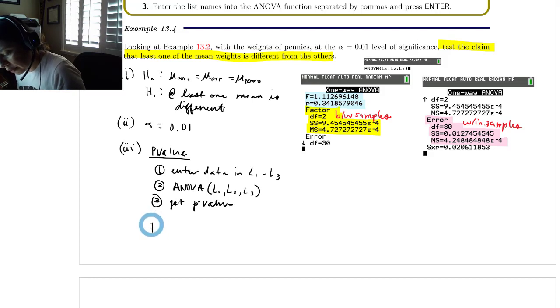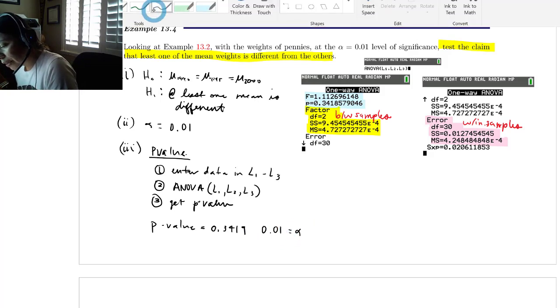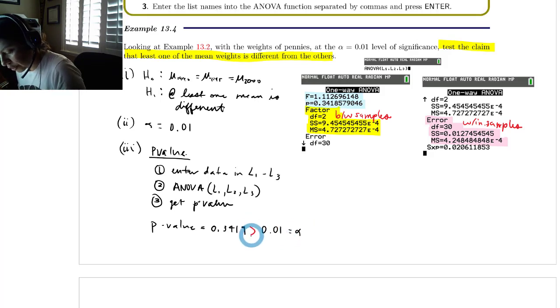Okay, so the p-value from the calculator, we get to be 0.3419. And if we compare this to the alpha of 0.01, we can see right away that this p-value is much greater than that.